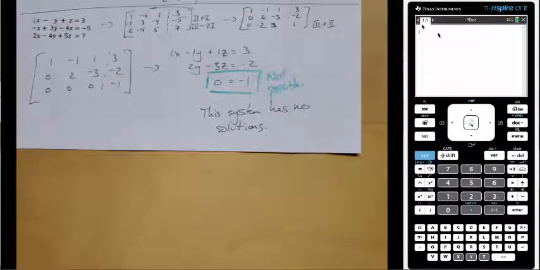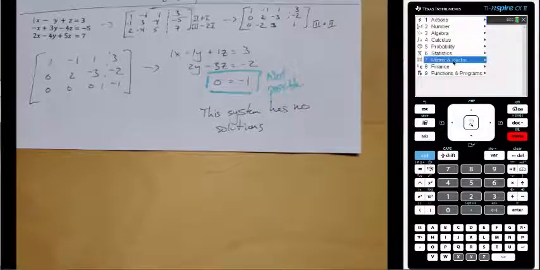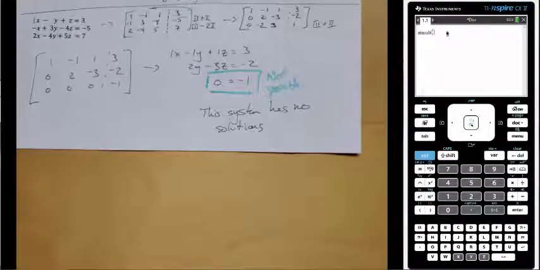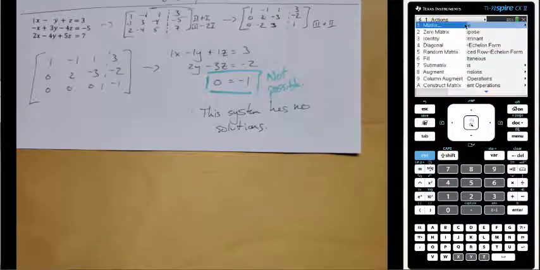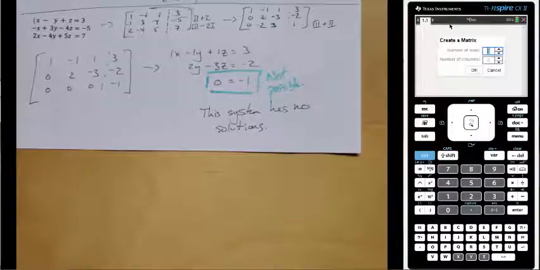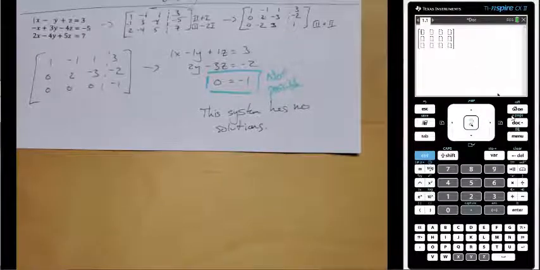On an Inspire, that's in a calculate page: menu, matrix, create, matrix. On your 83 or 84, that'll be in the matrix menu, and you want to edit a new matrix. We want this to have 3 rows and 4 columns.